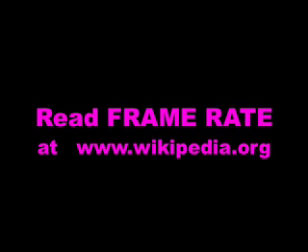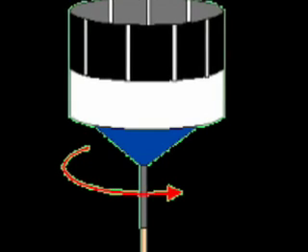Moving pictures were invented about 1834 with the construction of the zoetrope, and this uses a spinning cylinder of slotted frames to view images and takes advantage of a weird characteristic of human vision. You should read about it at frame rate at wikipedia.org.